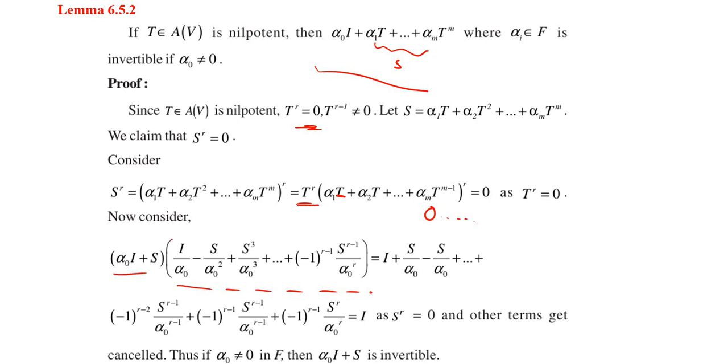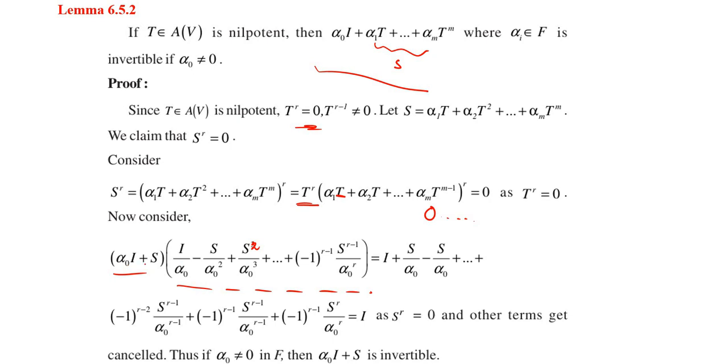With this, we are going to consider the product, namely I by alpha naught, minus S by alpha naught square, S cube, and so on. Up to S power r minus 1 we have to consider. This needs to be memorized. And when you multiply this, this is what you get.